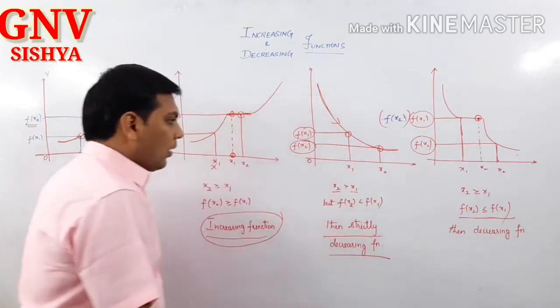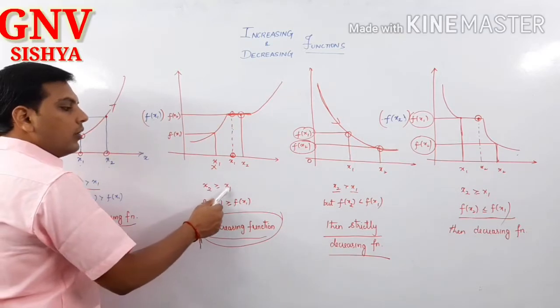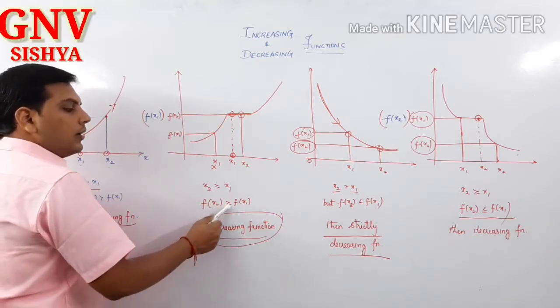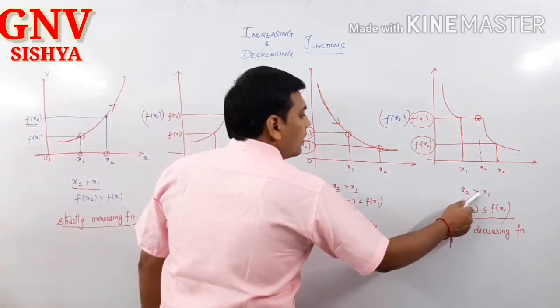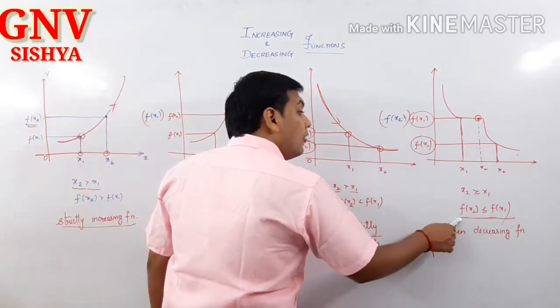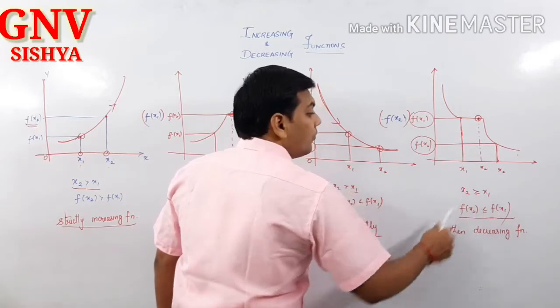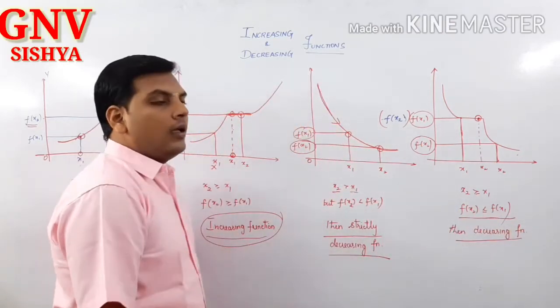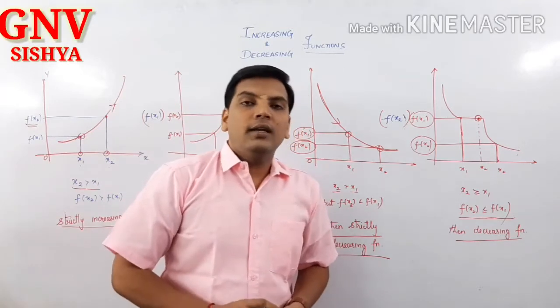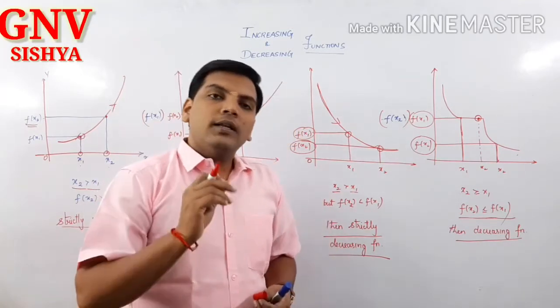See? So what happens here? If x2 greater than or equal to x1, f of x2 greater than or equal to f of x1, it is only increasing. And similarly, x2 greater than or equal to x1, f of x2 is less than or equal to f of x1. It is said to be only decreasing function. Can you understand the logic?